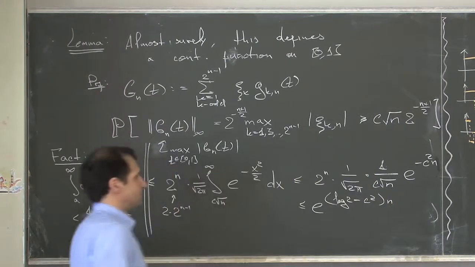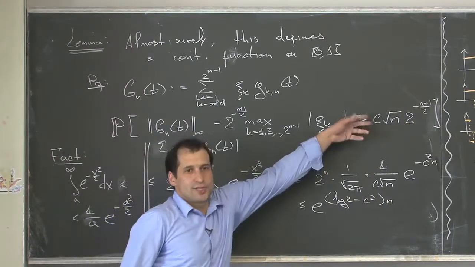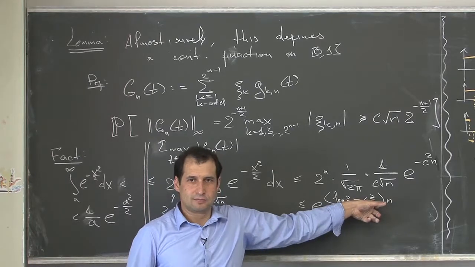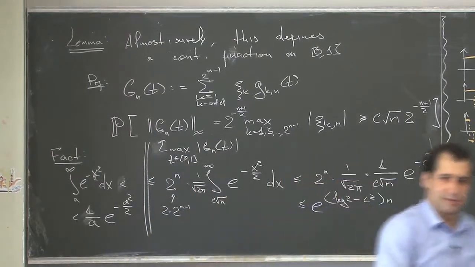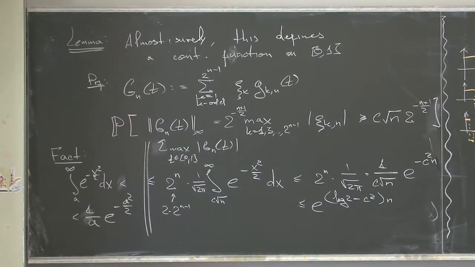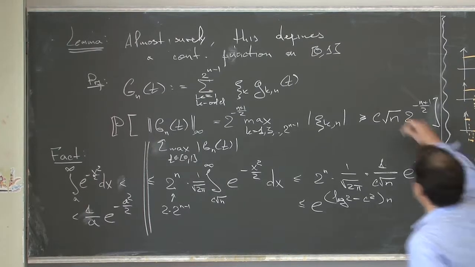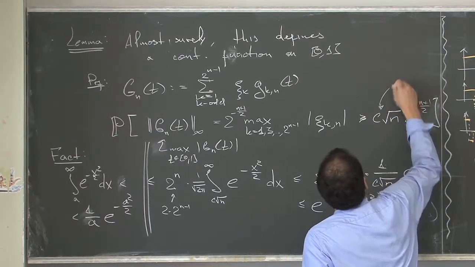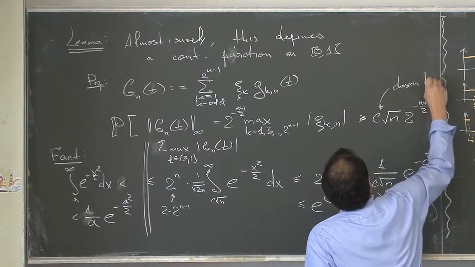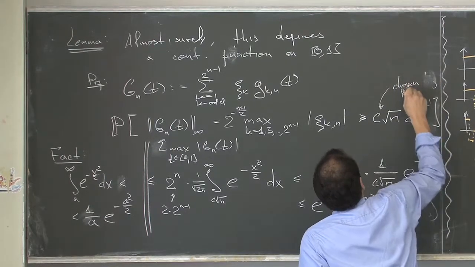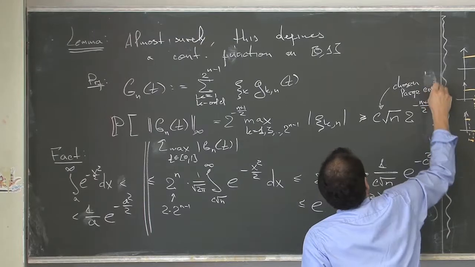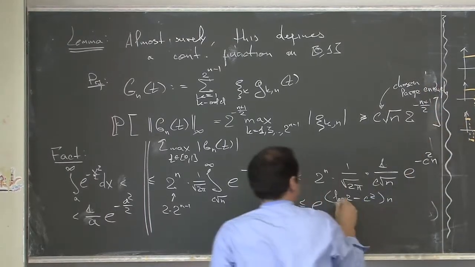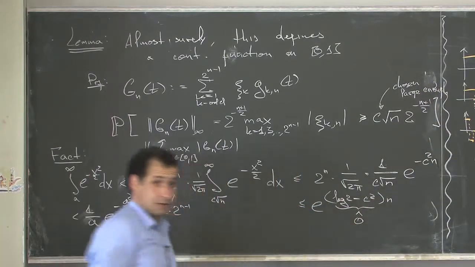And now I can choose c so that this is negative. I think about c as a big constant that I tune along the proof, big, large enough, so that this is negative.